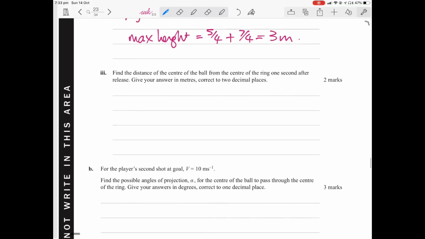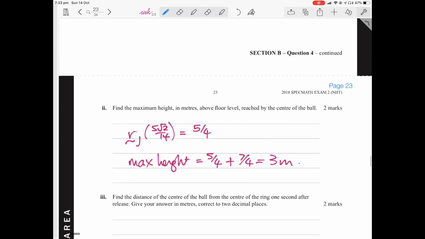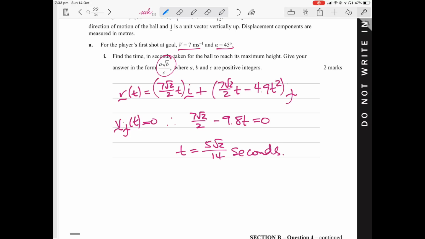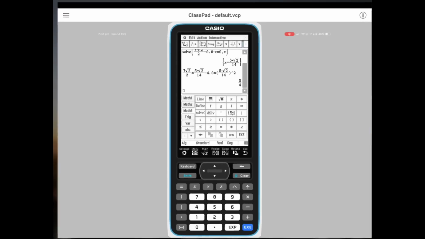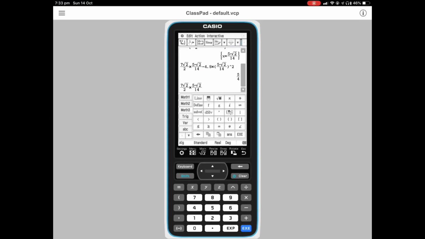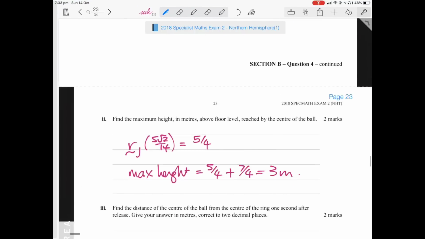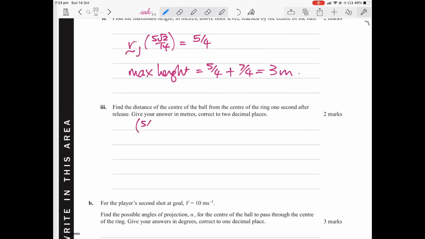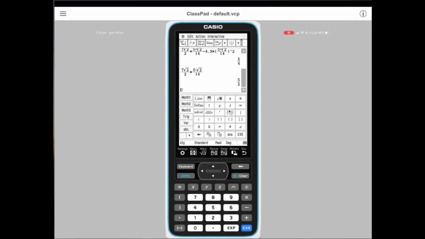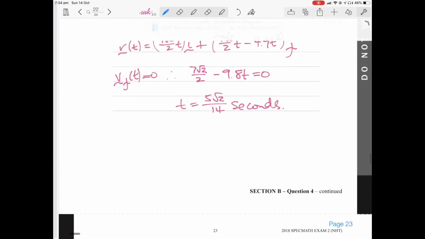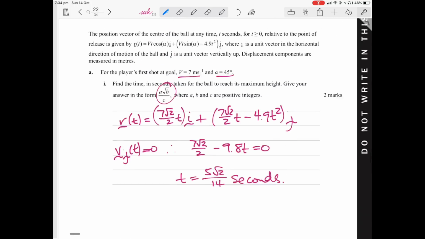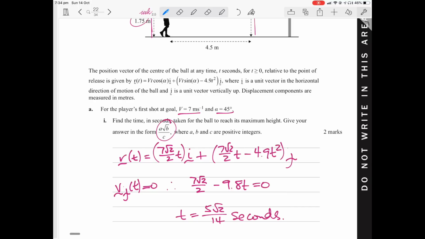Okay, give the distance to the center of the ball from the ring 1 second after release. Maybe I should have defined it. Okay, 7 root 2 t, so 7 root 2 on 2. Oh no, I want it after 1 second. So I sub in t equals 1.